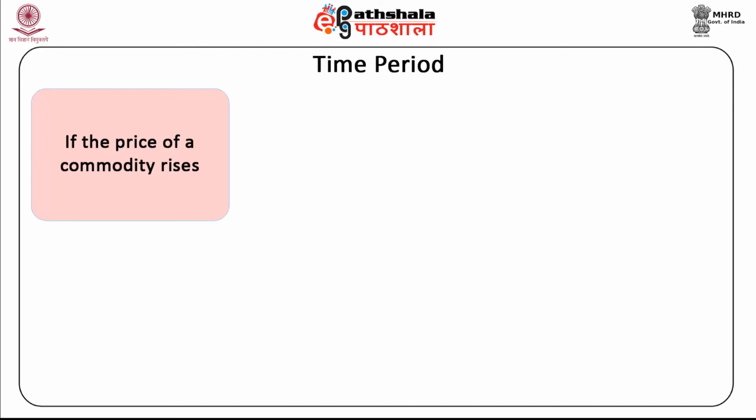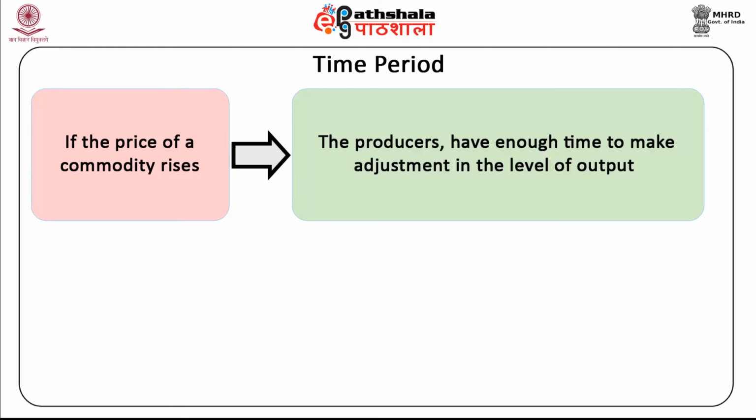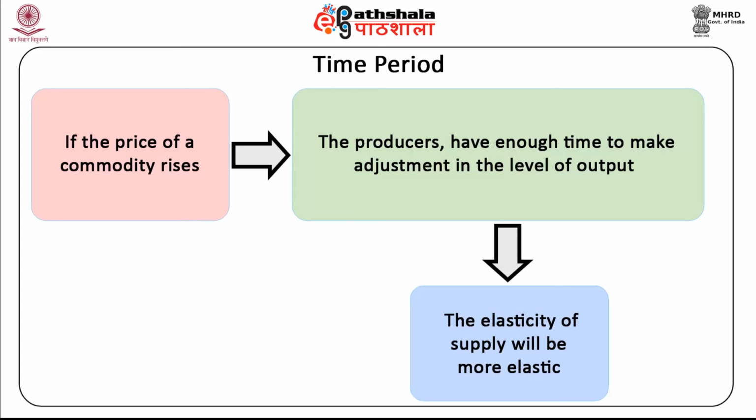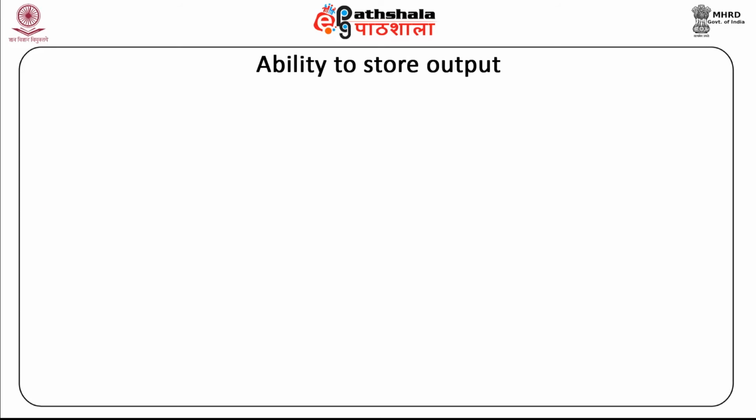If the price of a commodity rises and the producers have enough time to make adjustments in the level of output, the elasticity of supply will be more elastic. If the time period is short and the supply cannot be expanded after a price increase, the supply is relatively inelastic.